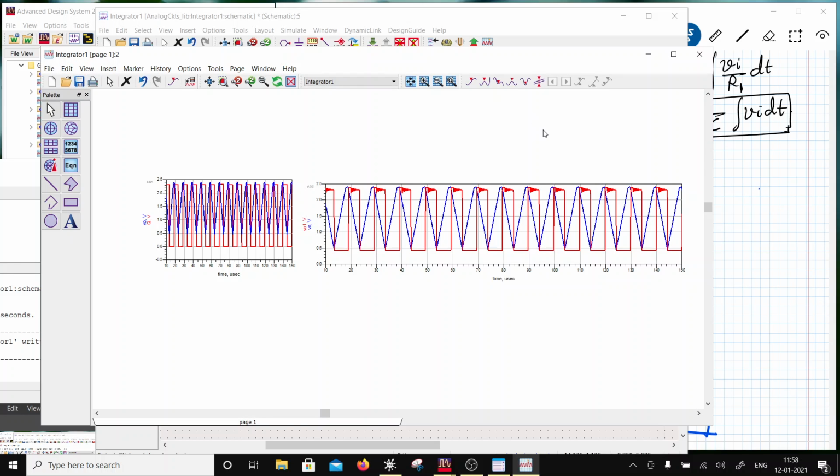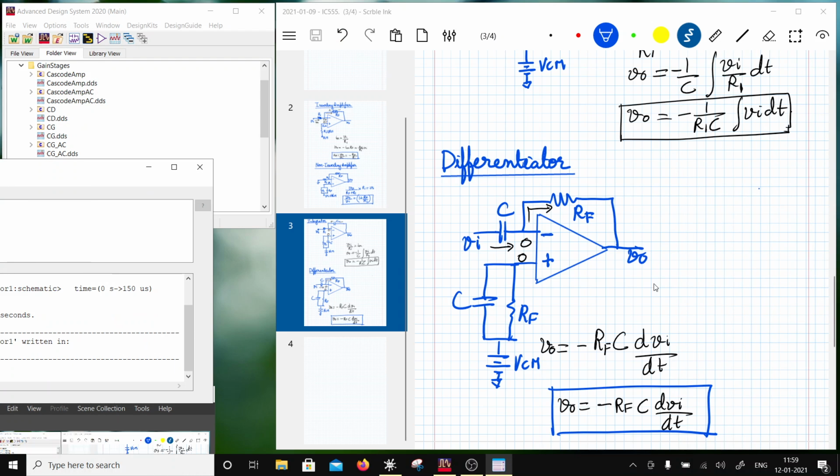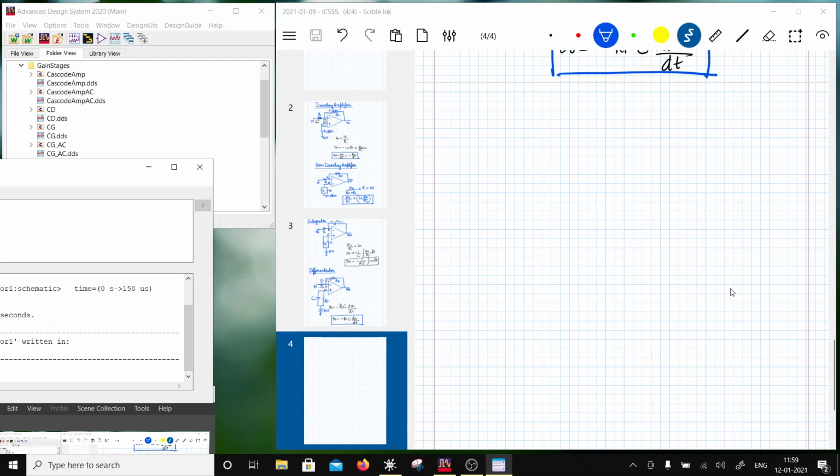Now, what else do I want to do? Okay, there is one more thing which I want to mention here, a difference amplifier, right? And that would lead to what is called an instrumentation amplifier, right? So let's look at a difference amplifier.